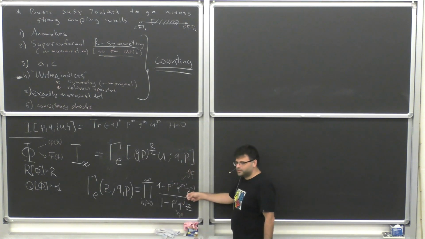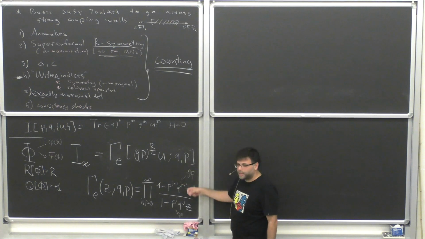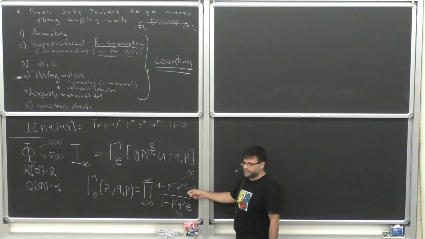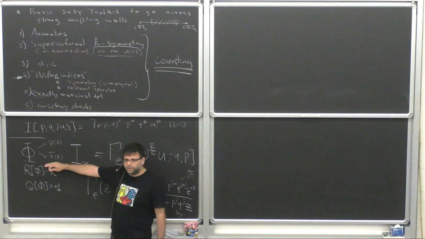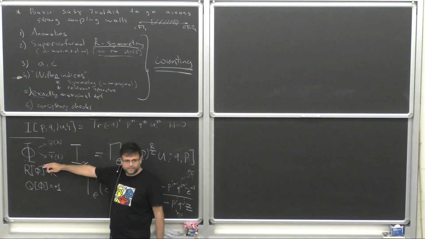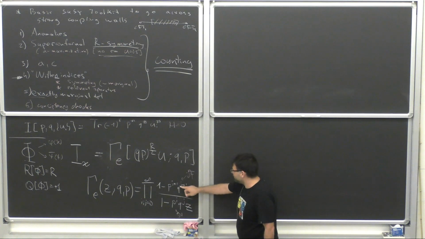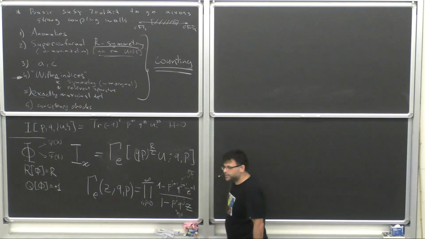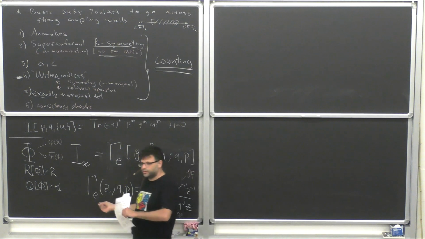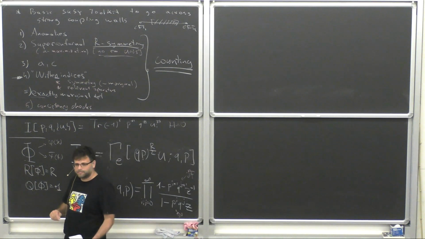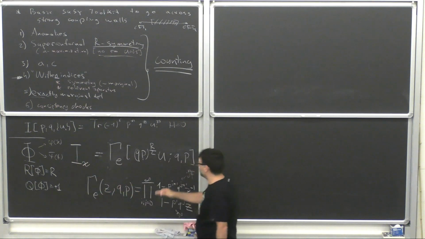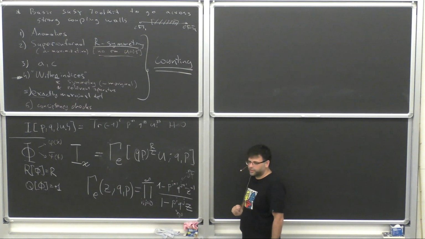But the other one is weighed with u to the power -1, because what contributes to the index is the complex conjugate and not psi itself. Also there is this shift in the powers of p and q, and there is this thing that appears here, and that is because the R symmetry of the fermion and the boson is not the same. So once you take all of it into account, you obtain that the index of a chiral superfield is like that.